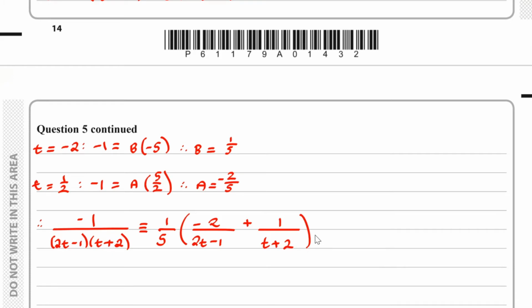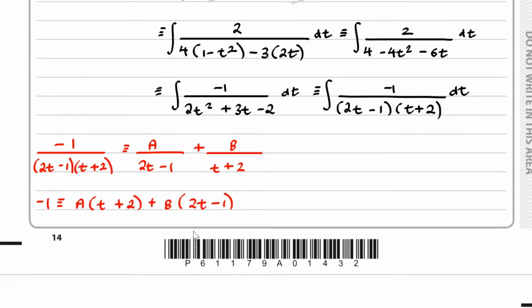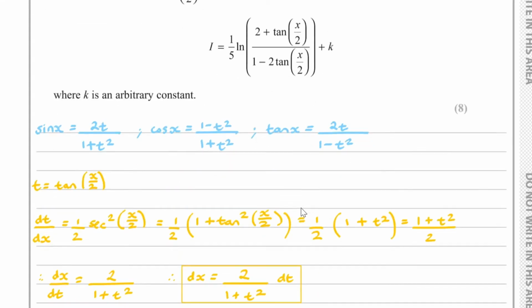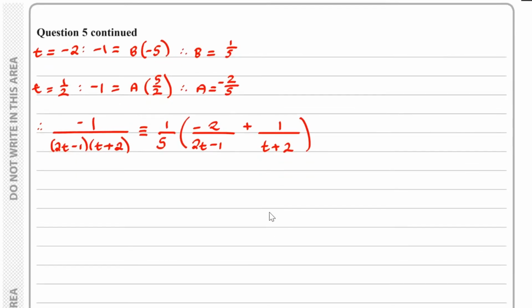Now, you can look at the question and here we have, if we use the fact that tan of x upon 2 is equal to t, on the top, hopefully you'll notice we have 2 plus t, and on the bottom we have 1 minus 2t. But over here, we've got a 2t minus 1.